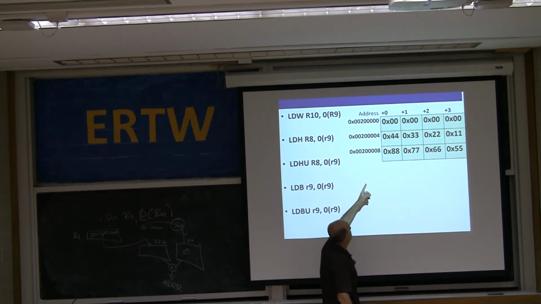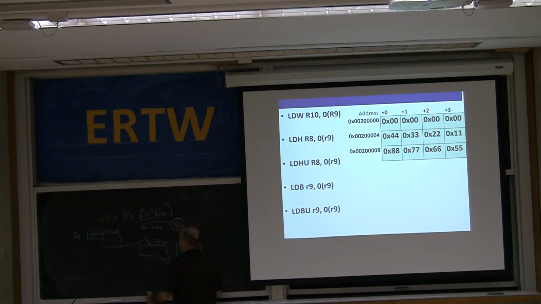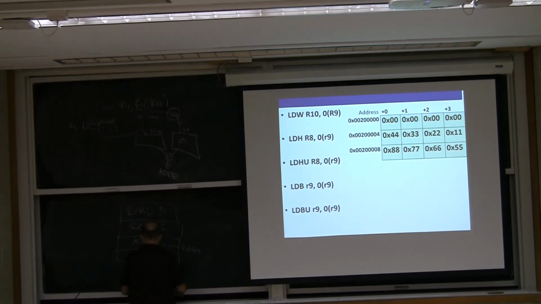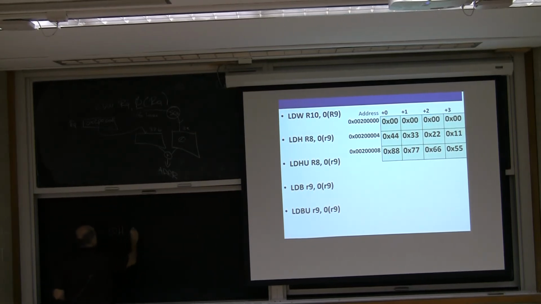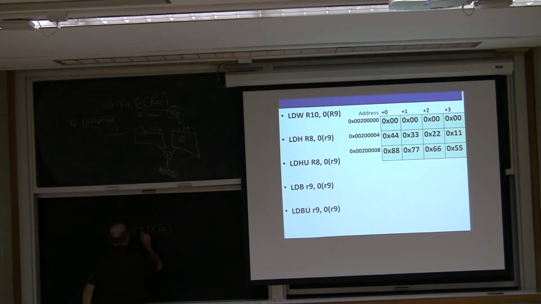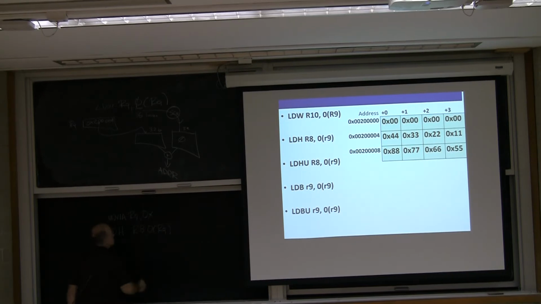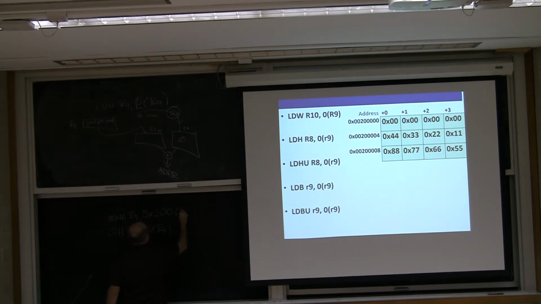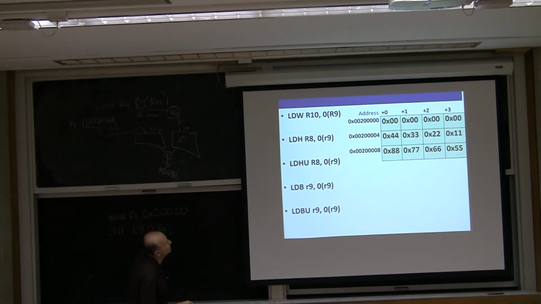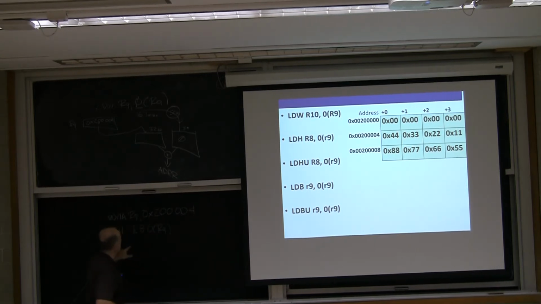So for example, in this particular case, if we were to say load half word R8, 0 R9, where R9 happens to be move VA, R9, 0x200,000 of 4, okay?